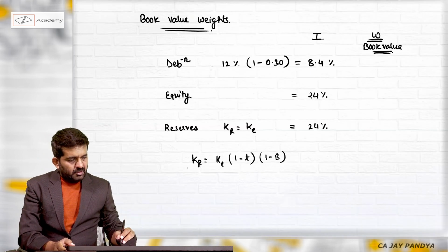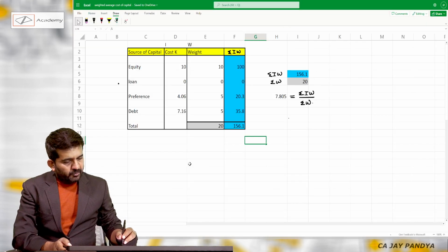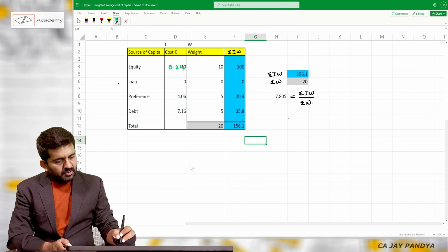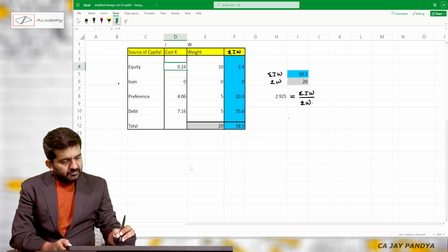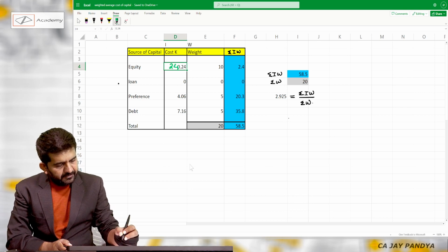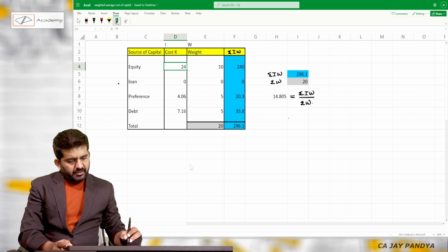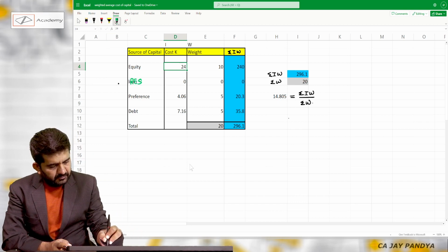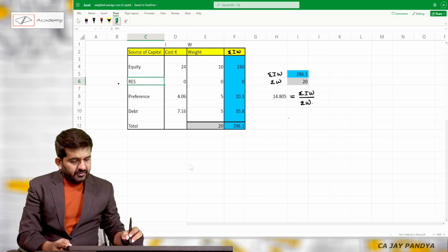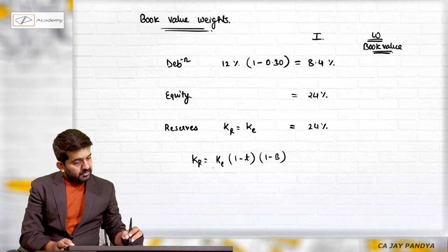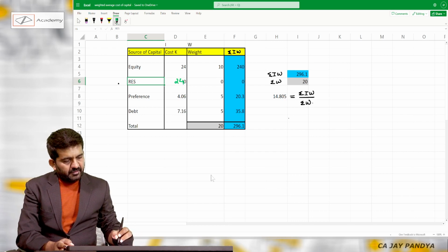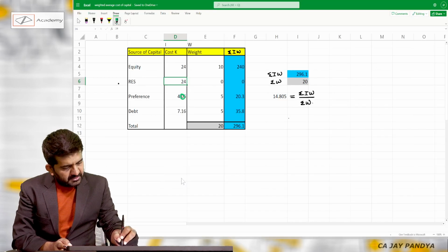Equity cost is 24%. There are no preference. I can write down 24 over here. Reserves cost is 24%. There are no preferences.